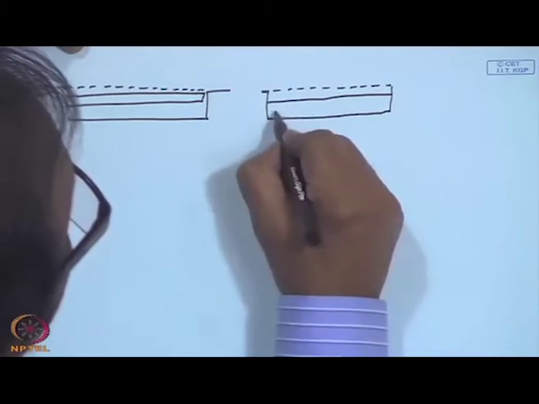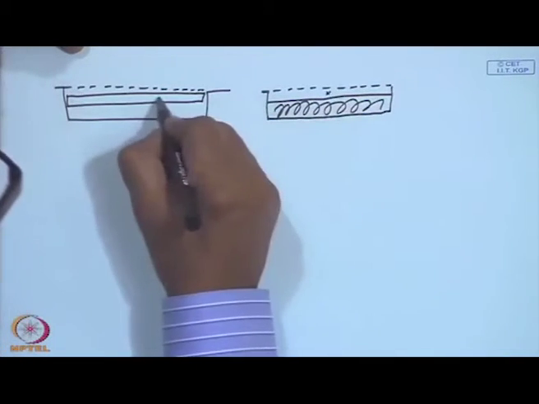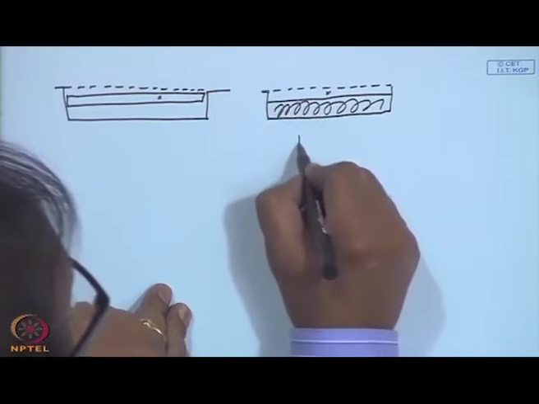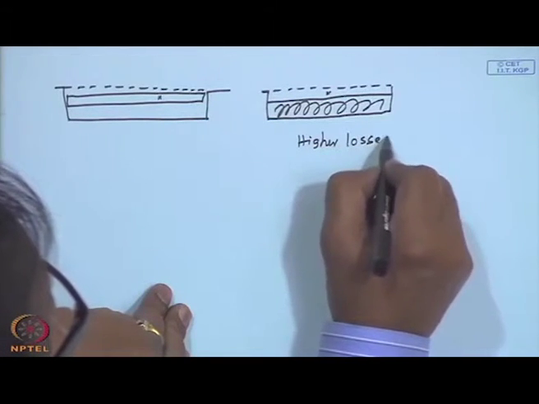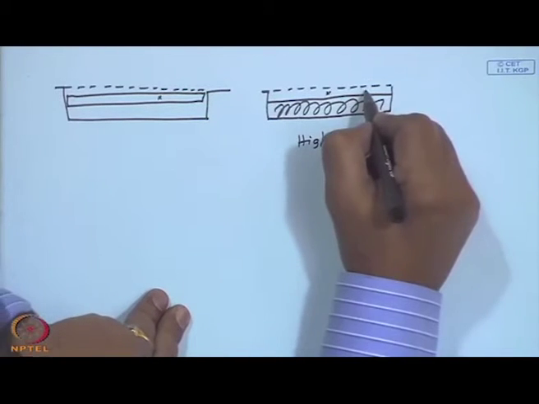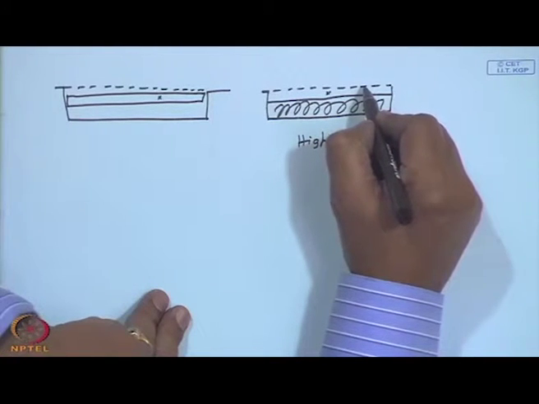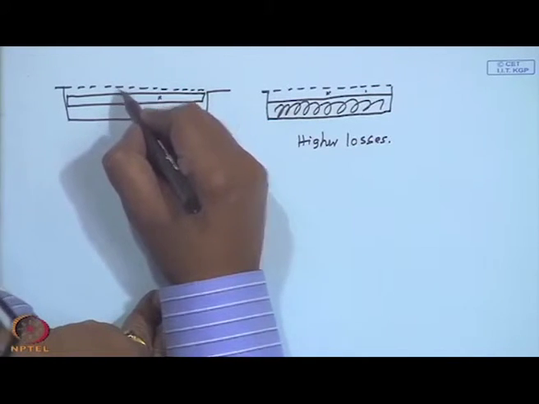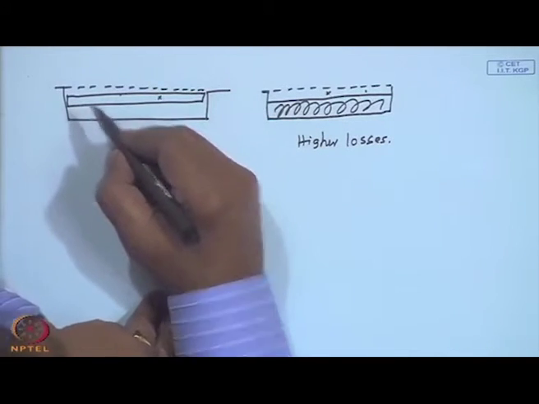Flow is through this and flow is through this. Obviously, here there are higher losses. This being hot air is directly in contact with the top radiation and convection losing surface, the glass cover. Whereas, here at the absorber there is free convective loss instead of a forced convection loss. So, this is expected to be better.